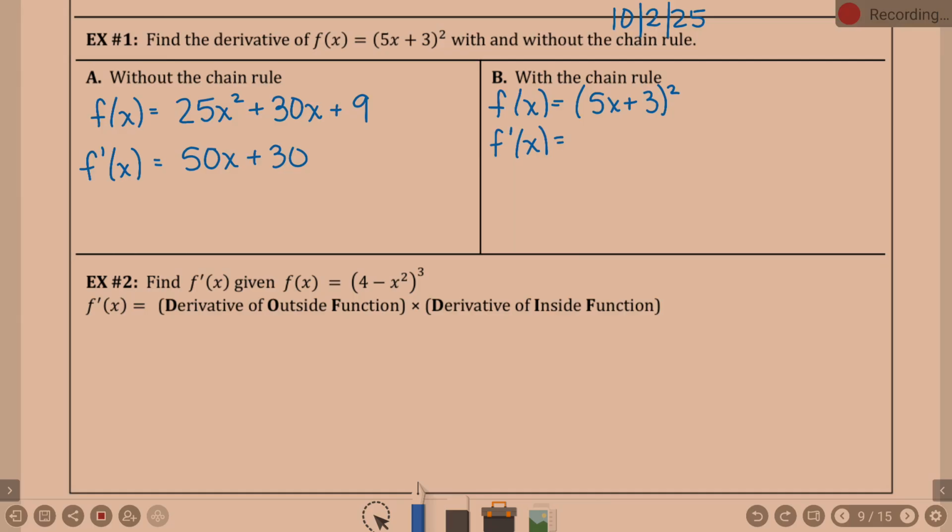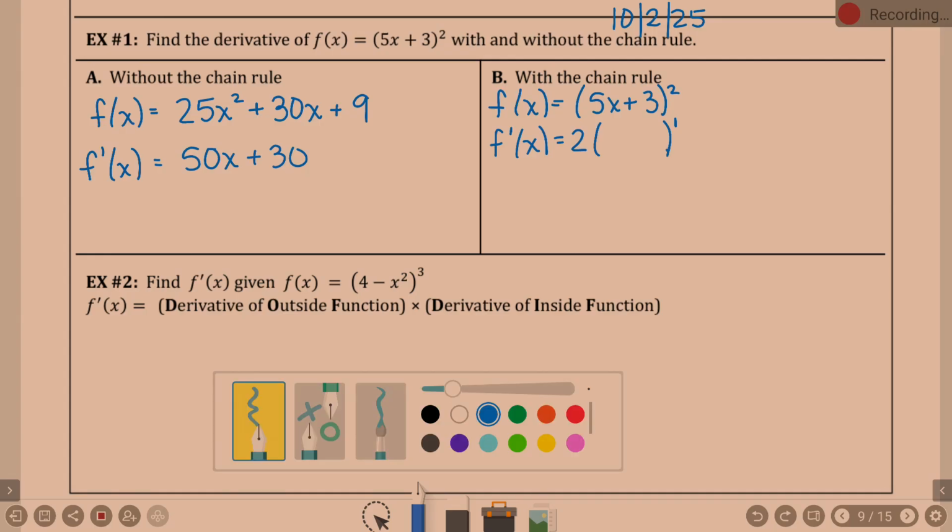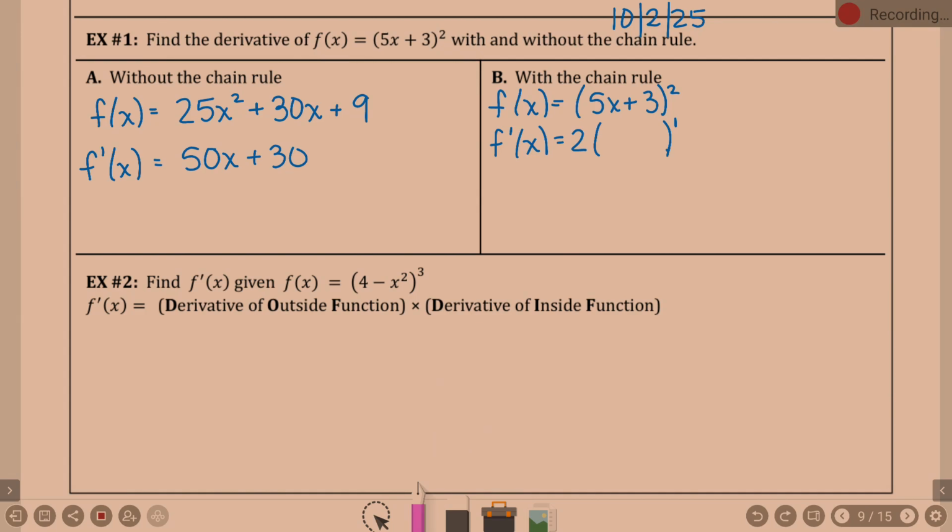How do you do the derivative of something squared? 2x. So to apply it here, you take the 2, move it out front, keep the parentheses, and then your power, you subtract 1, it becomes 1, right? In this problem, we don't do anything with what's in the parentheses, so 5x plus 3 is going to stay 5x plus 3 on the first go round.